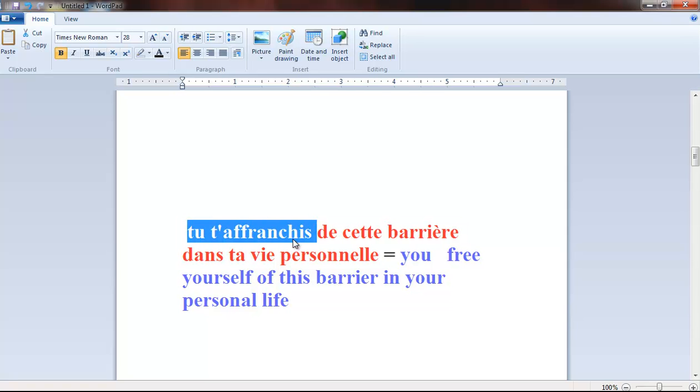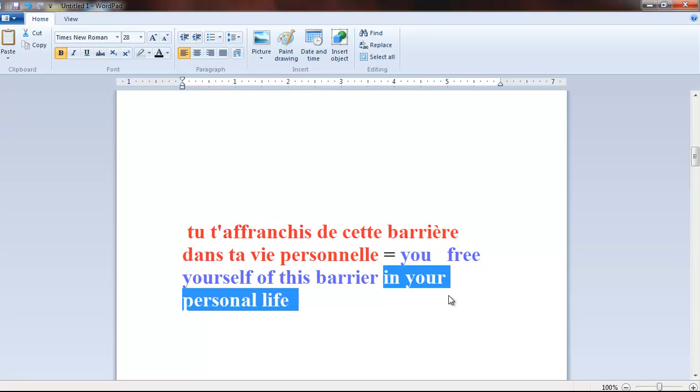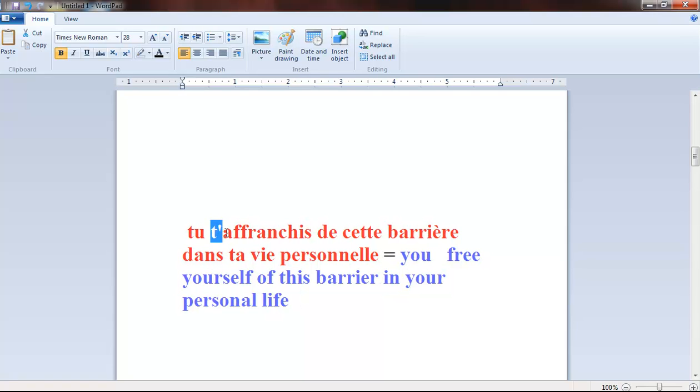Tu t'affranchis, it means you free yourself. De cette barrière, of this barrier, in your personal life, dans ta vie personnelle. So, tu t'affranchis, it means you liberate yourself. This is the reflexive pronoun, T apostrophe.